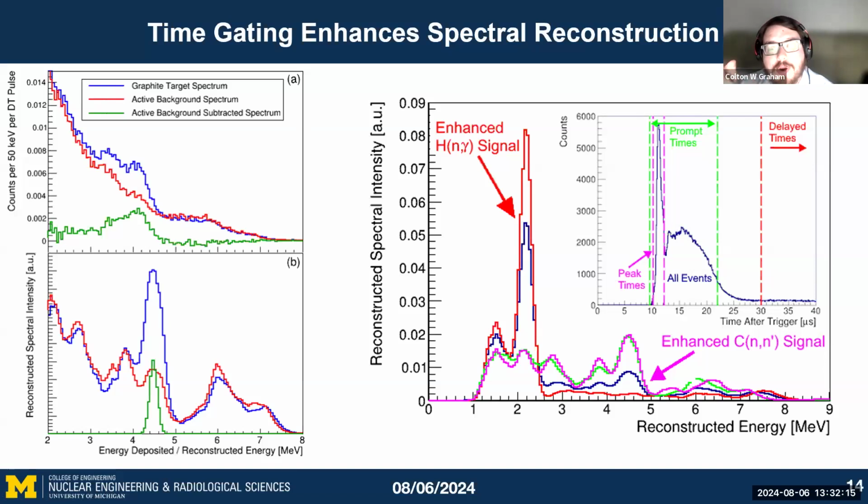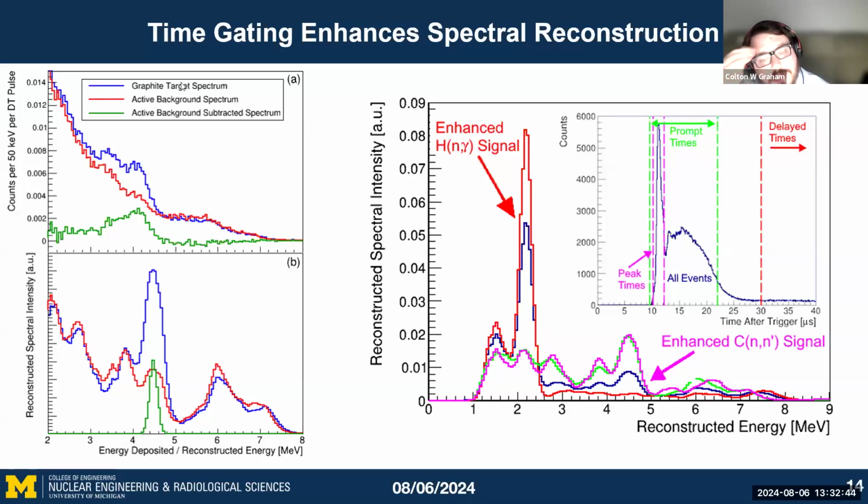Now on the right here, we show the non-active background subtracted results looking at different time regions. Right, in the inset, we show the time profile of gamma ray events, and then identify different time gates: a prompt time gate during the pulse, a peak time gate during that initial spike in neutron flux, a delayed time gate between pulses, and then all events shown in blue.